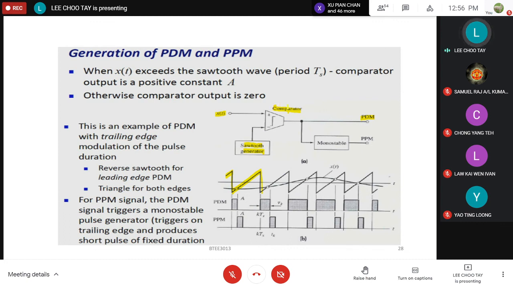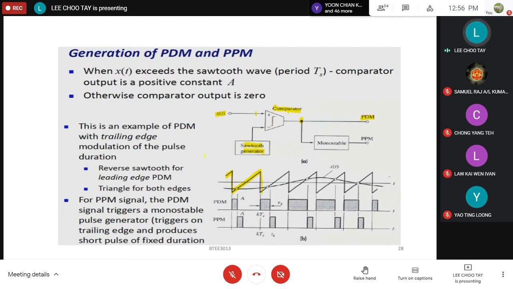As far as the comparator circuit is concerned, when the positive terminal input is more than the negative terminal input, a positive output is produced. Otherwise, if it's smaller, then your output will be 0.